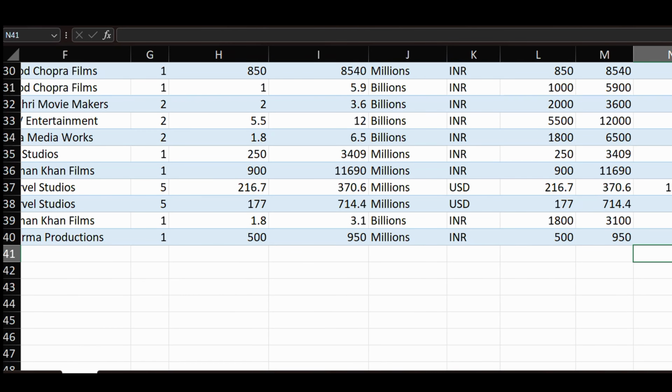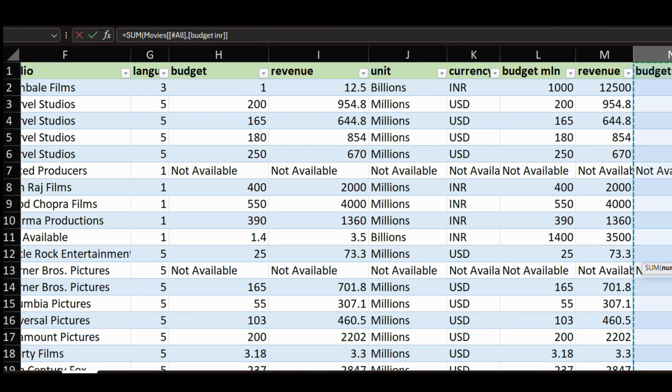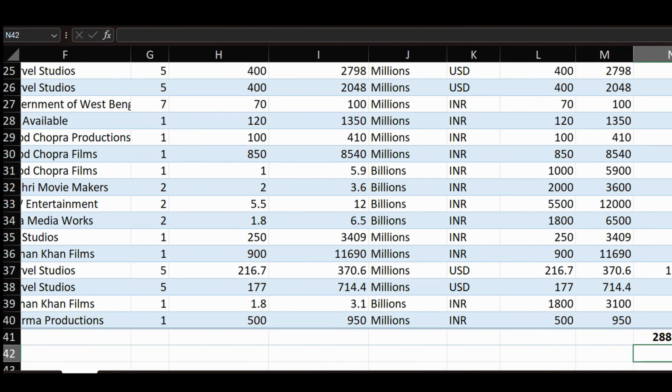Just click here, equals to sum of. Okay, not this one. Control Z, delete it, and press shift upward.